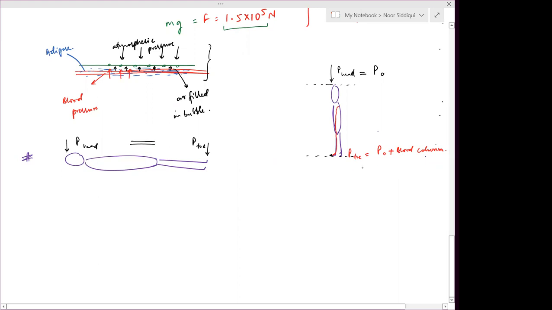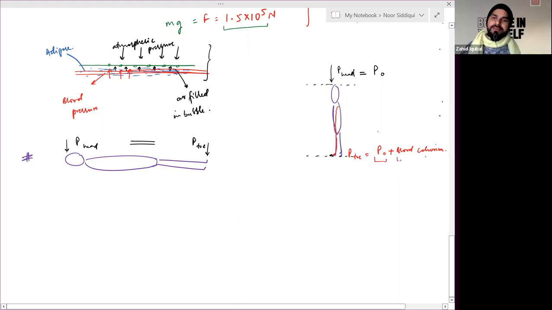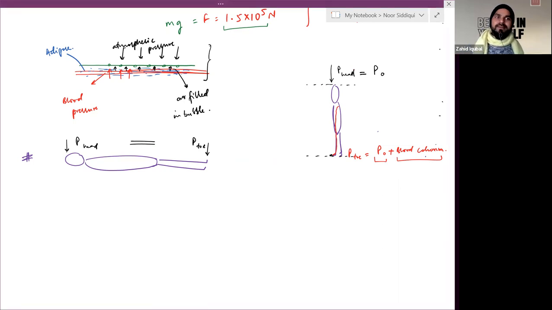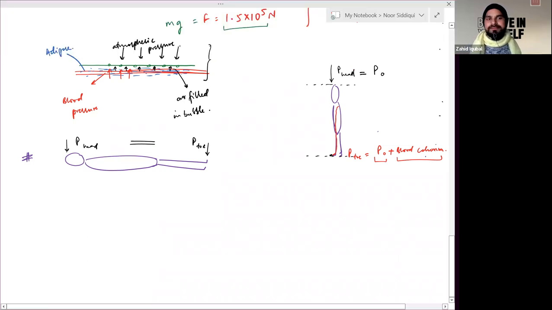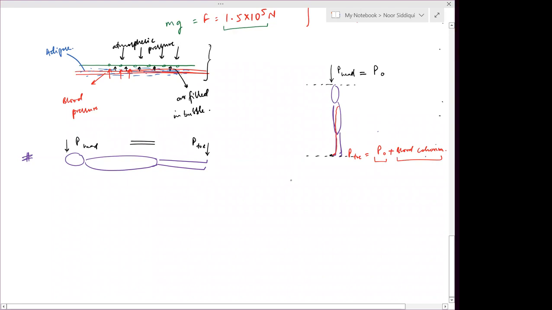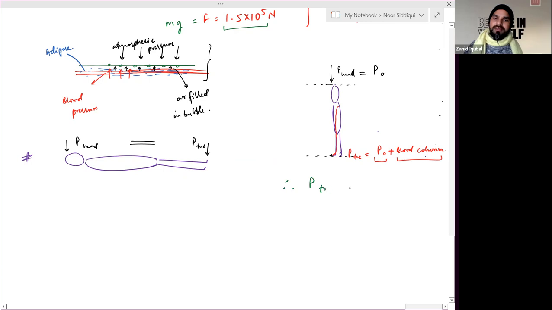So net pressure at point 2 will be sum of this plus this. So if you compare these two pressures, you will say there is some excess pressure due to blood column placed above feet. Any doubt? No, sir. So we can say net pressure at 2 is greater than net pressure at head.